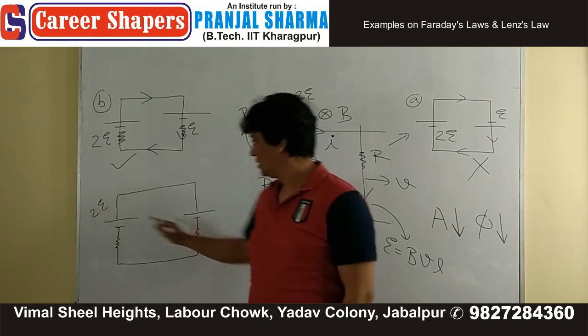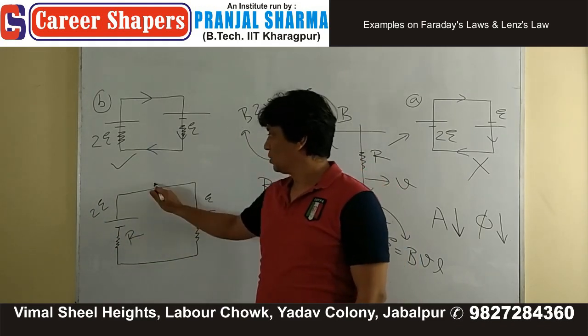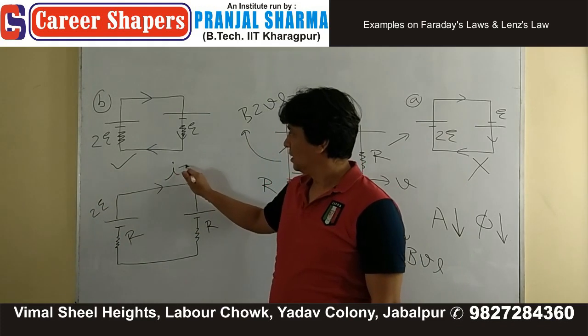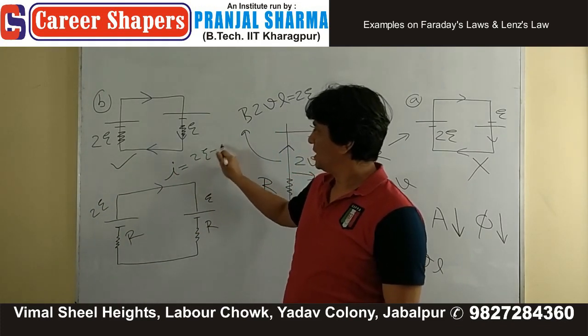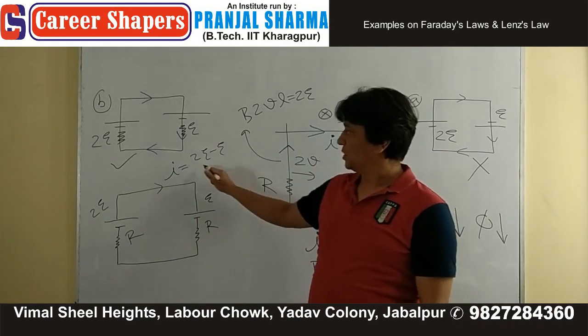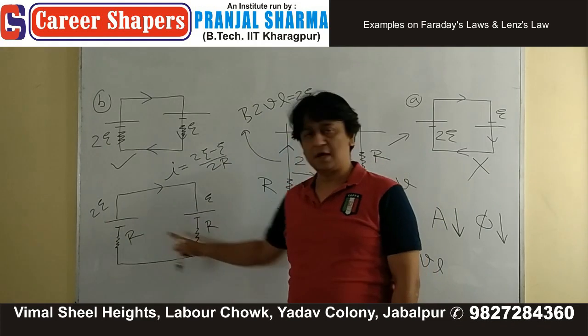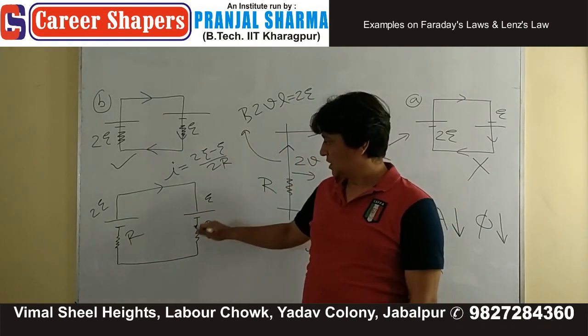2E, E, R, we need I. What is I? 2E minus E, since this is being opposed by this. What is the total resistance of the circuit? R plus R. This R and this R are in series.